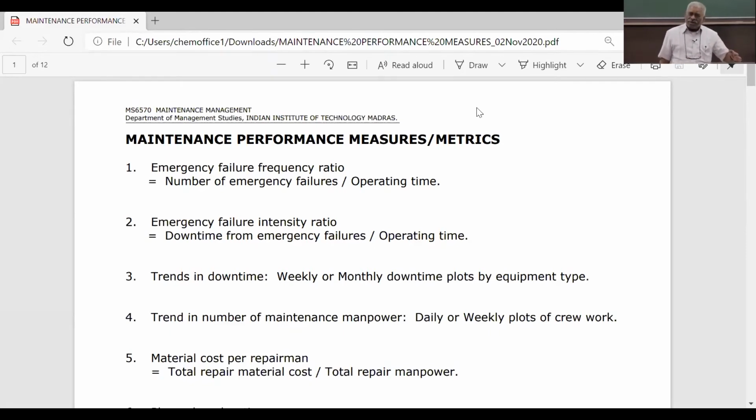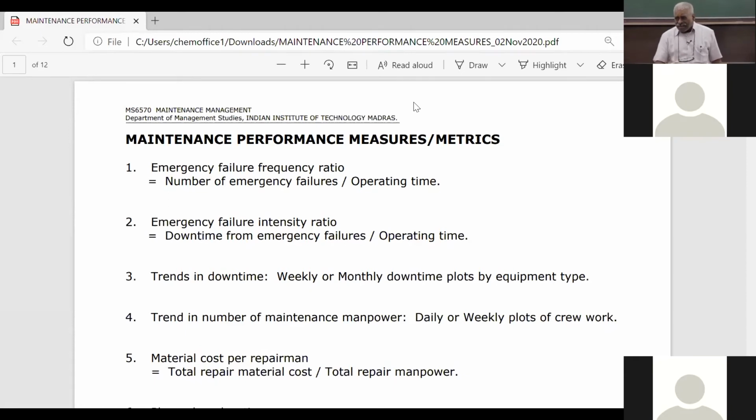Then you hand over. And very often you will understand that even after handing over, your maintenance staff will remain there for some time. Why is it that the maintenance staff remains there for some time, even after testing and handing over?